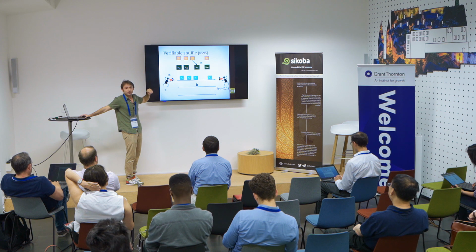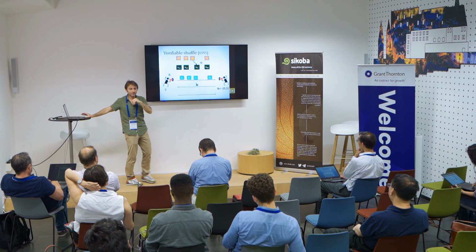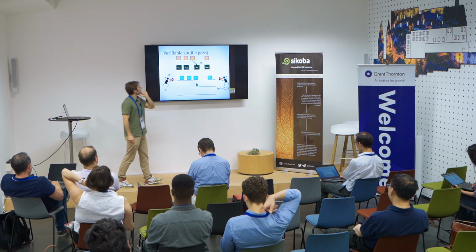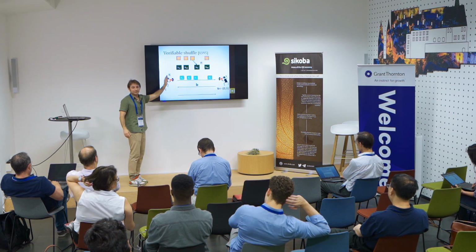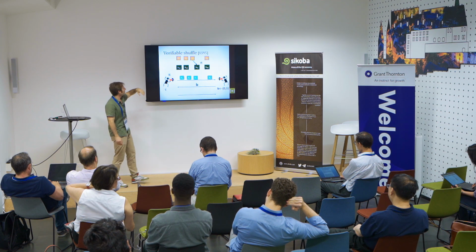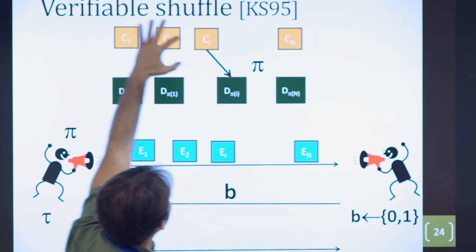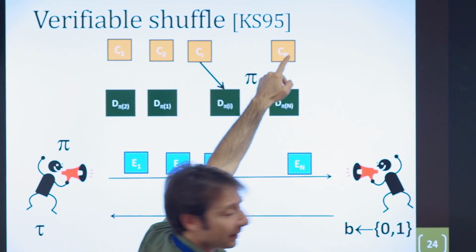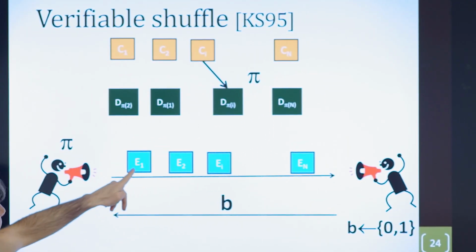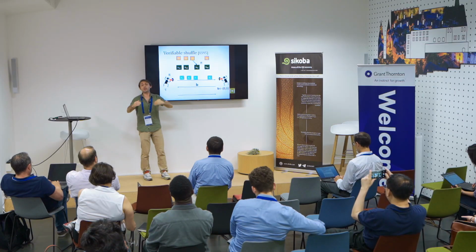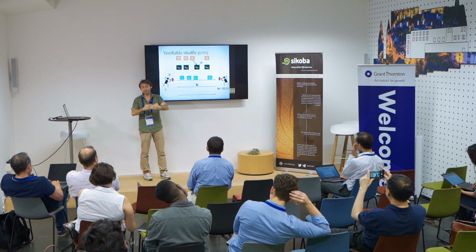Okay, for example, here I give an example of verifiable shuffle. Actually, I think it's very similar to the example Alex did. So it's a very basic shuffle. It's not efficient. So I have a list of ciphertexts C1, ..., Cn, and E1, ..., En are another list of shuffled and re-randomized ciphertexts.